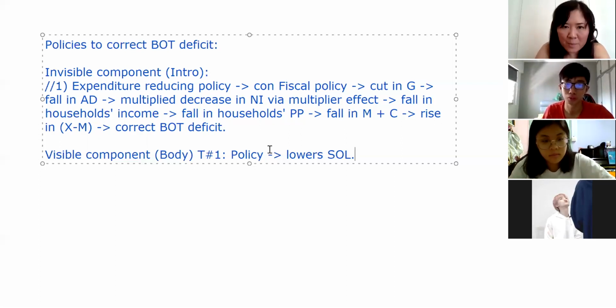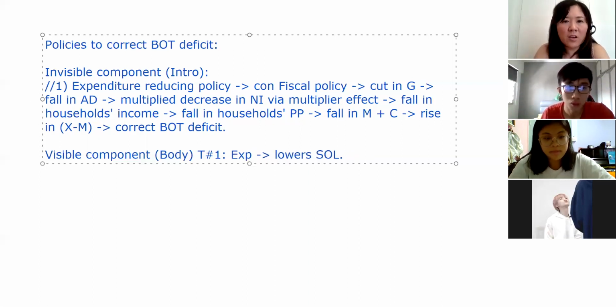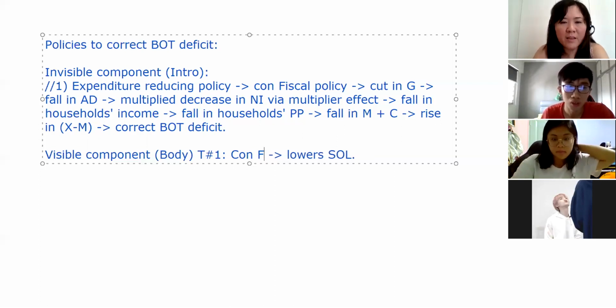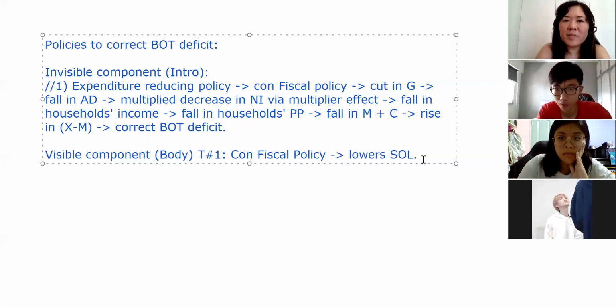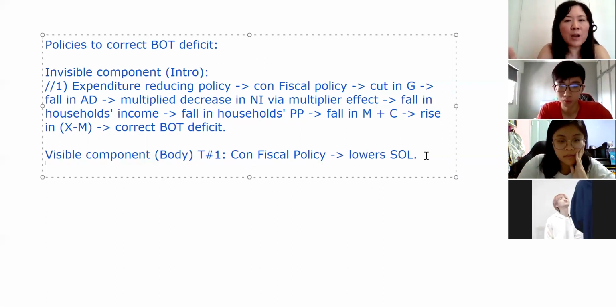So what policy is it? Thesis one, I'll say that the contractionary fiscal policy leads to a fall in the SOL. So how do I do it?